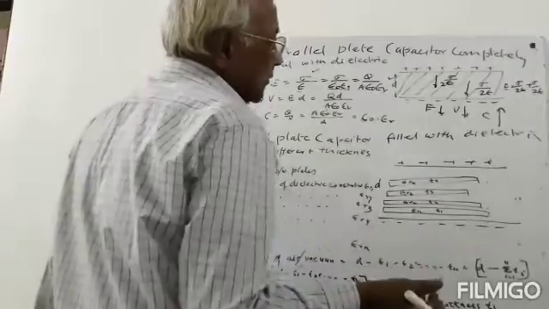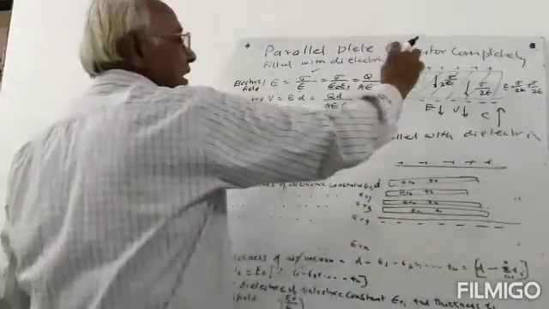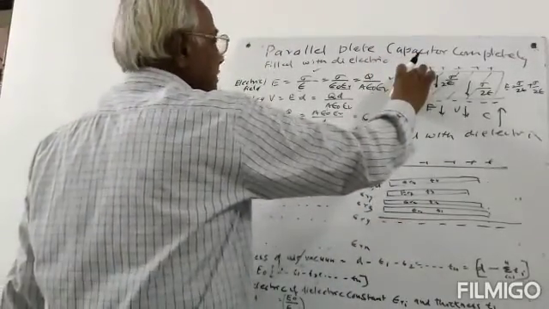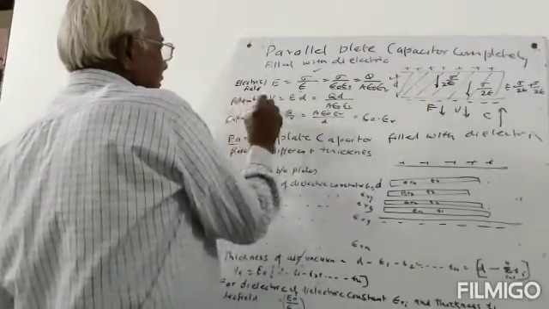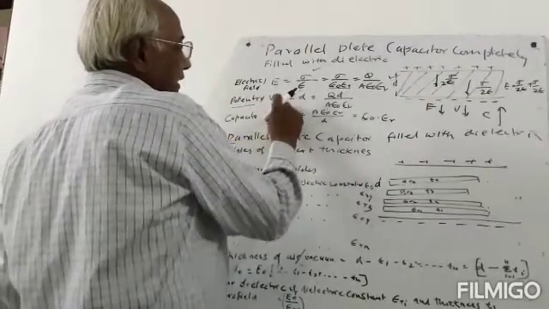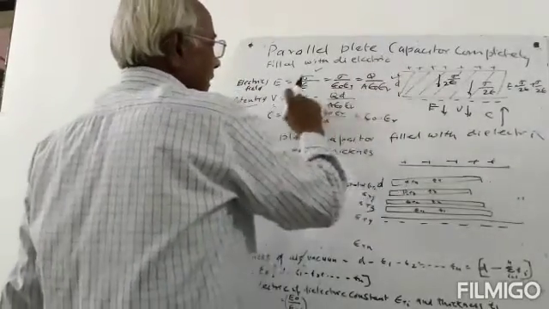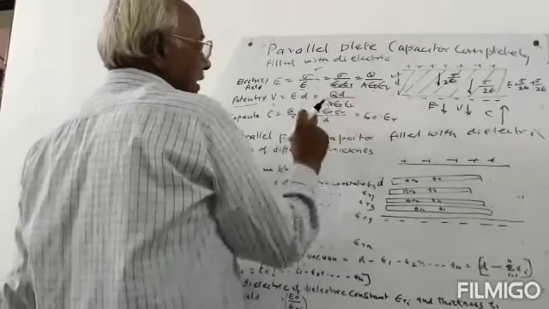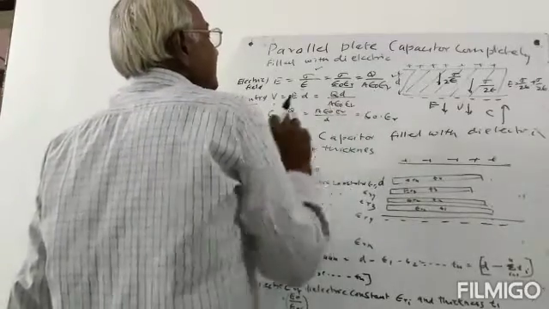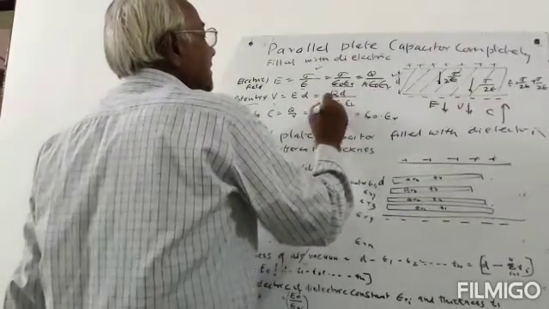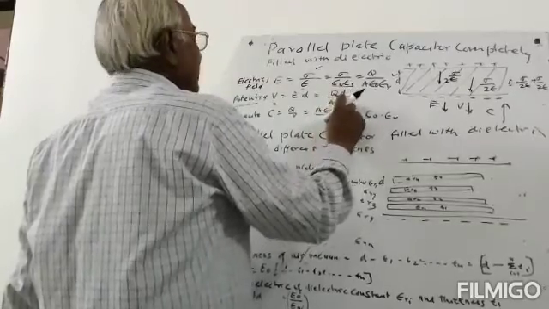Now what will be the potential? The potential will be the electrical field multiplied by the distance between the plates. So potential V will be equal to E into d, which is Q into d divided by A into ε0 εr.